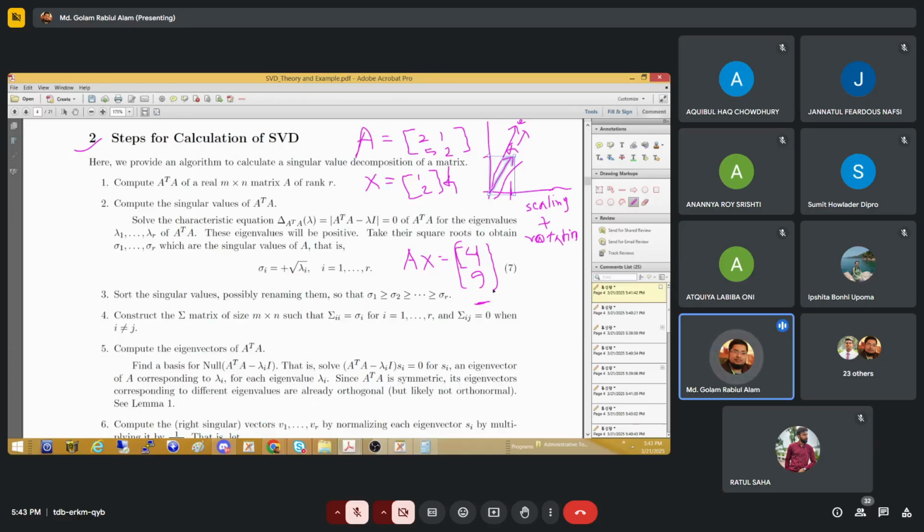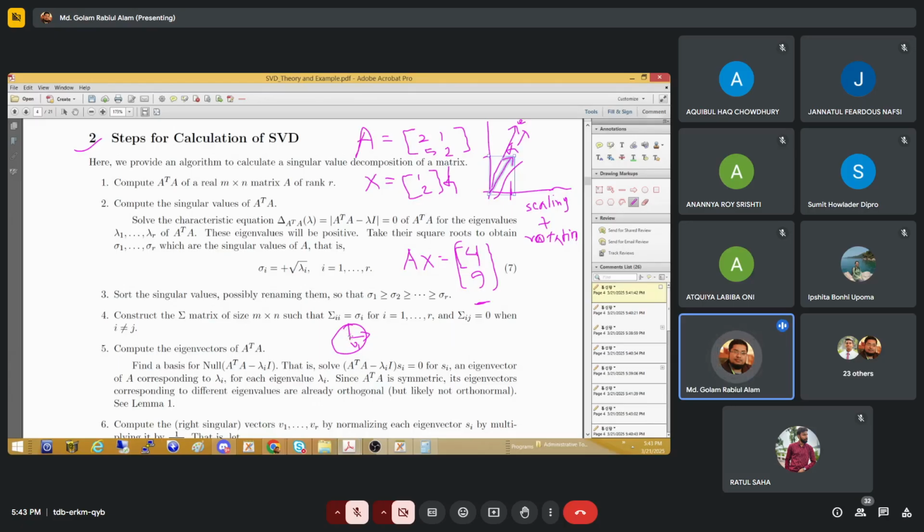Now if we think about this vector, orthogonal vectors, like this is v1, and this is our v2.